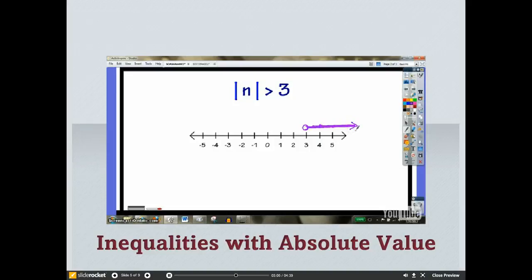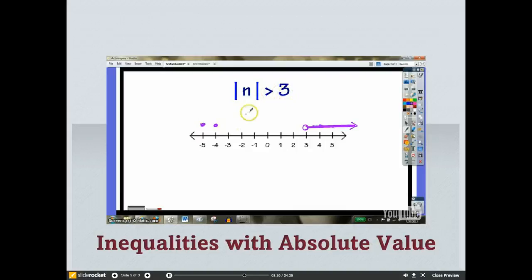And normally this is where I would stop, but with absolute value, once again, I have to consider how this changes negatives. In this case, I could do numbers like, let's say, -4, because -4, when I take the absolute value of it, is 4, and 4 is greater than 3. -5 would work. Absolute value of -5 is 5, and 5 is greater than 3.